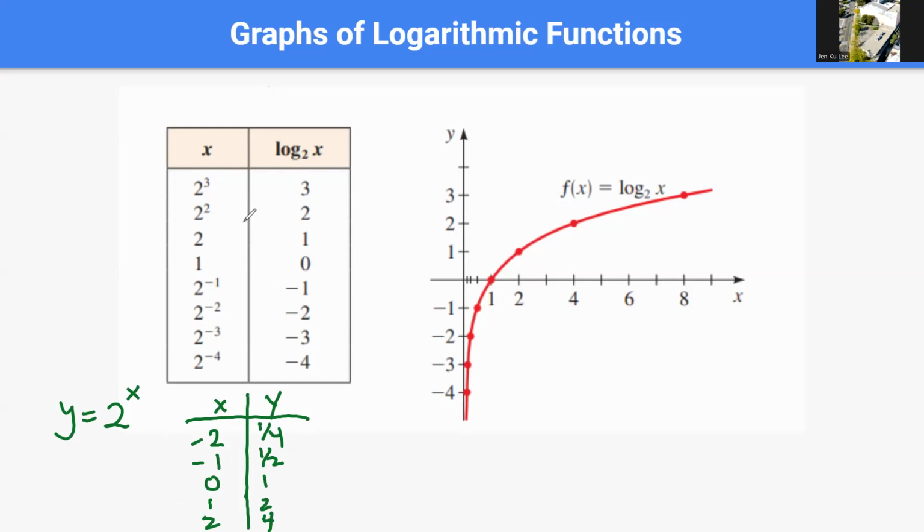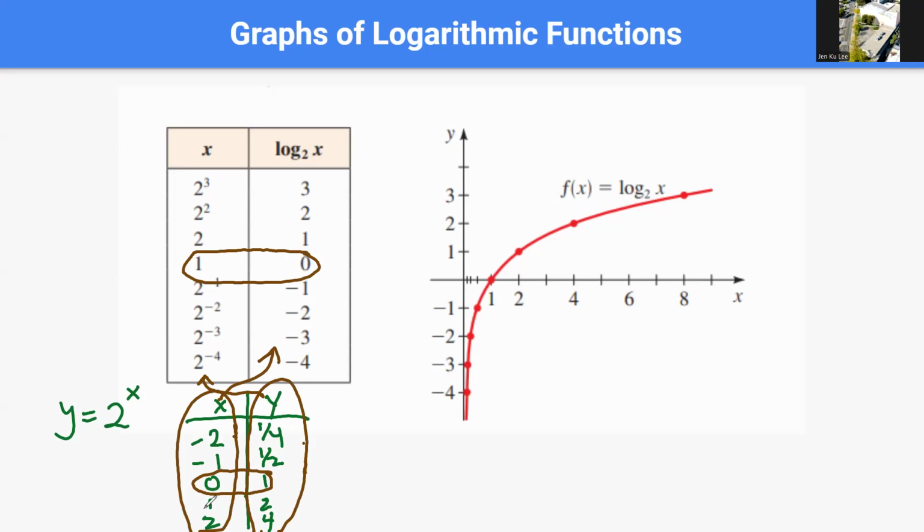And what the log function did was, my y column just became my x column. And my x column here with 2 to the x power just became my y column. You guys see that? Just pick 1 point, 0, comma 1. That became 1, comma 0.